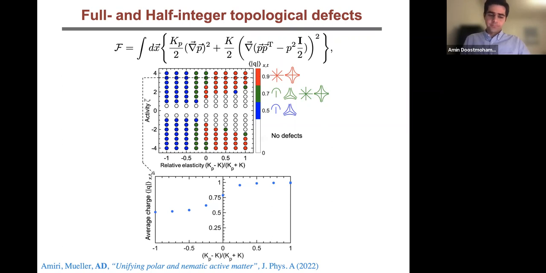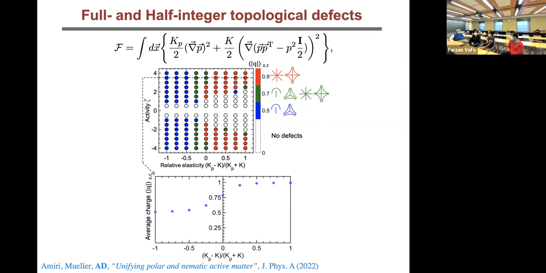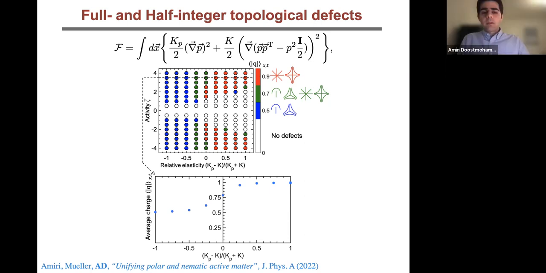I have another question. Instead of coexistence, do you ever find a parameter regime where, depending on the initial condition, you can either end up in all integer defects or all half integer defects? Not depending on the initial condition, but if you look at the phase diagram here, for this relative elasticity being very negative, you only have half integer defects.